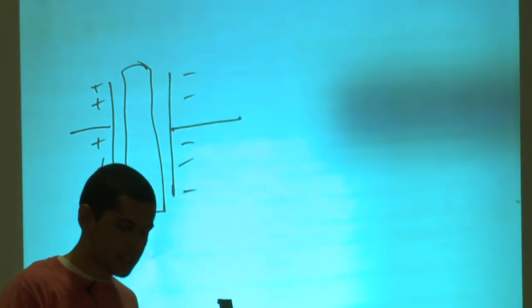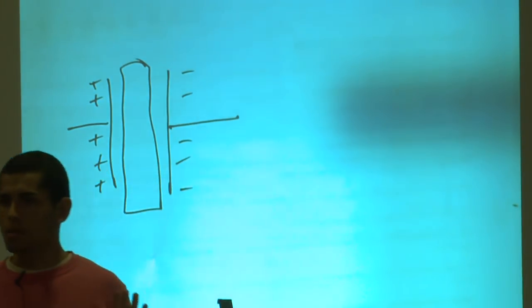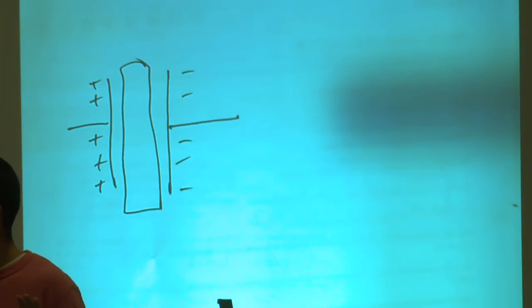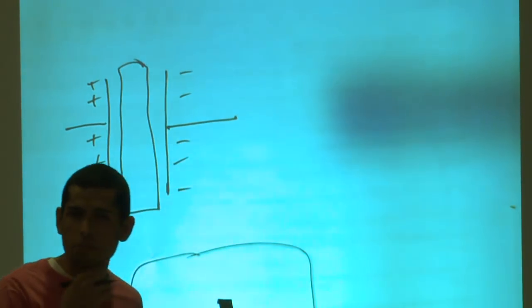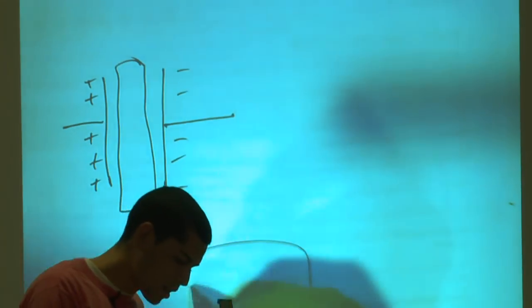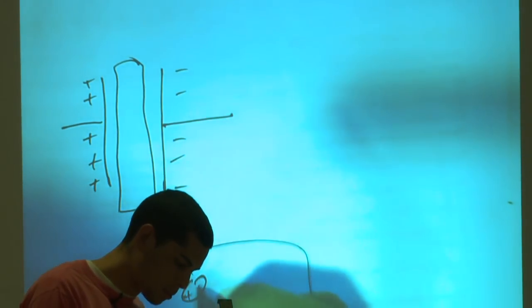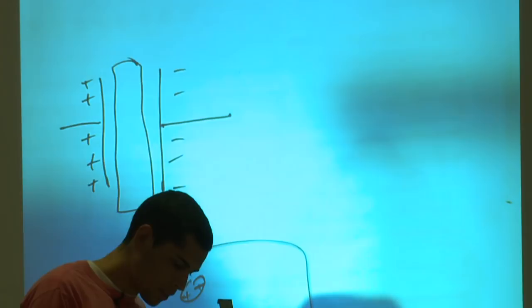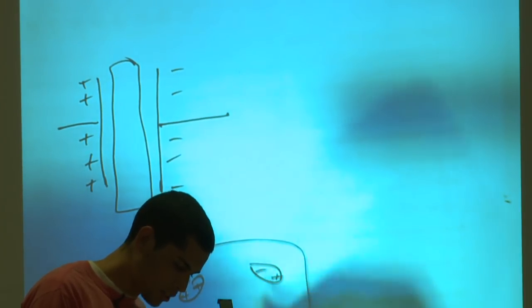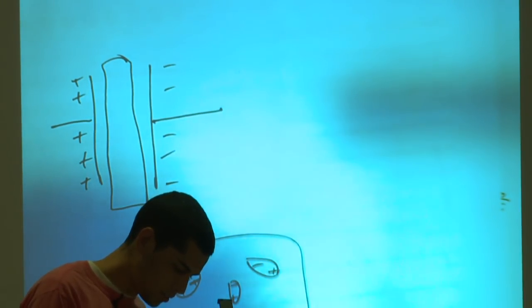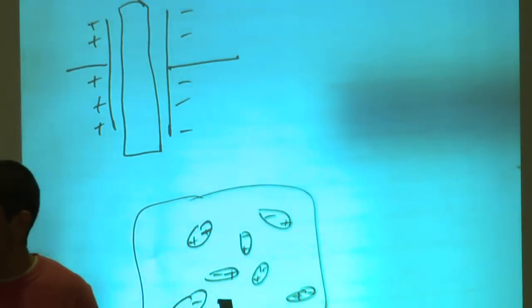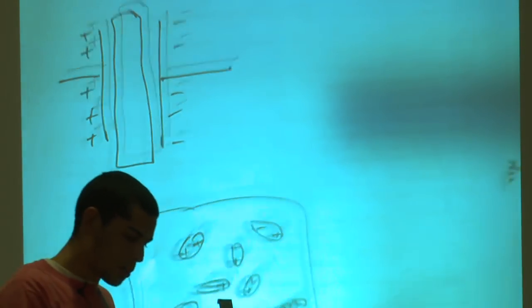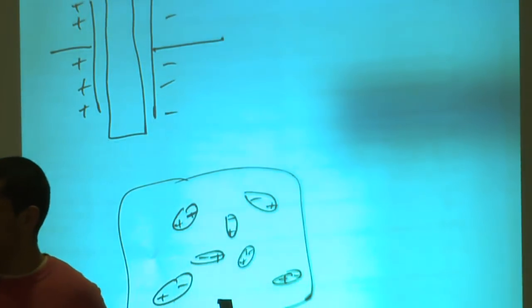But the dielectric is going to be made of some insulative material, and that material will have molecules, okay? Those molecules, in free space, will just be facing in different directions, completely random. But when placed in the parallel plate capacitor, they will align, okay?